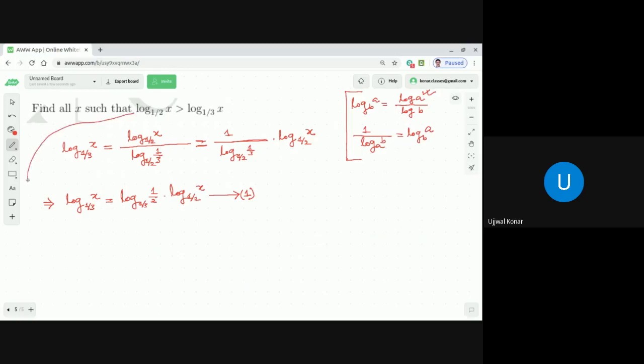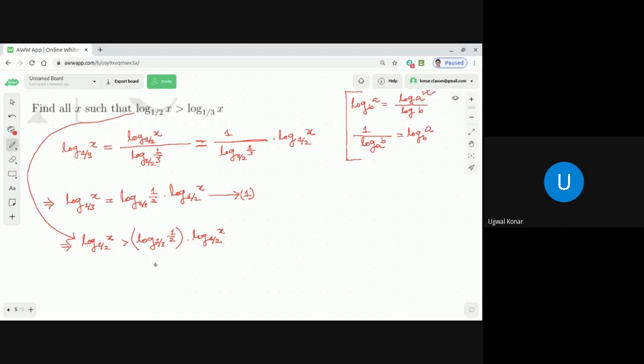From this inequation, we are going to get log of x base 1 by 2 is greater than log of 1 by 2 base 1 by 3, into log of x base 1 by 2.